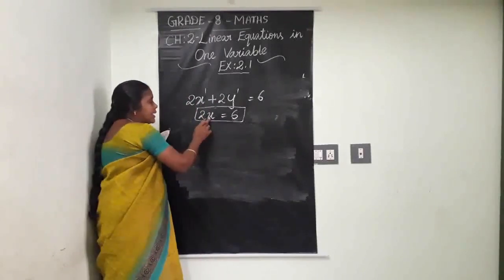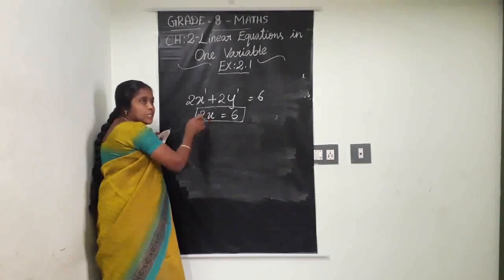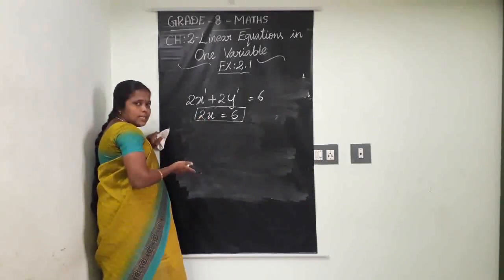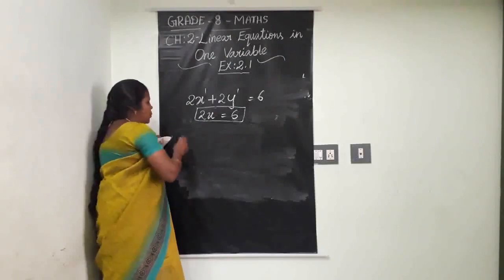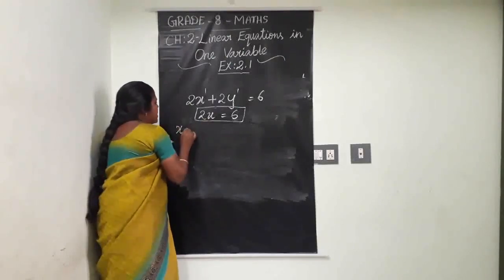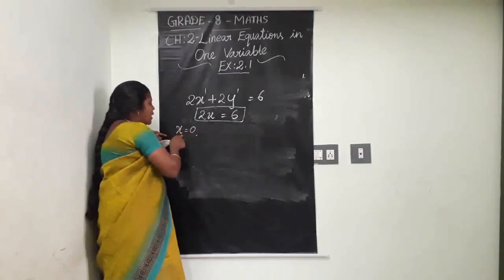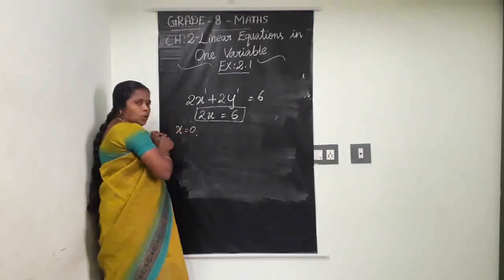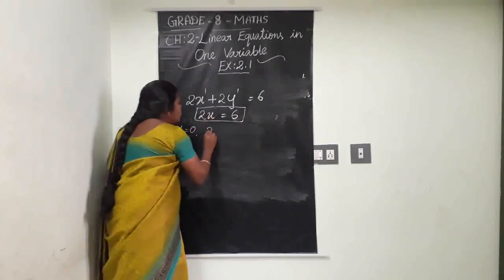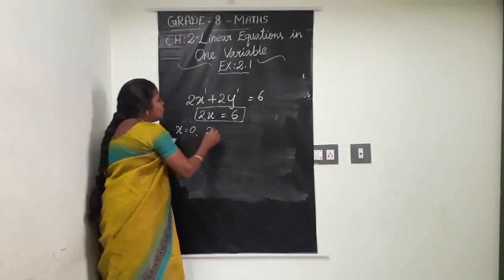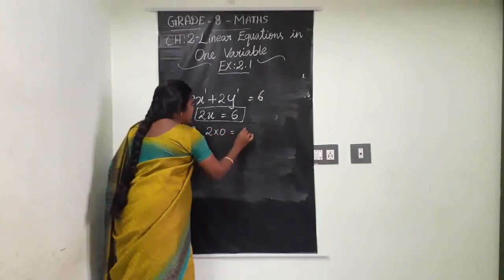About x, I said it is a variable. Variable means it is not a fixed one. It takes various values. For x, I am giving the value 0. If I take the value of x as 0, what comes here? 2 into 0.